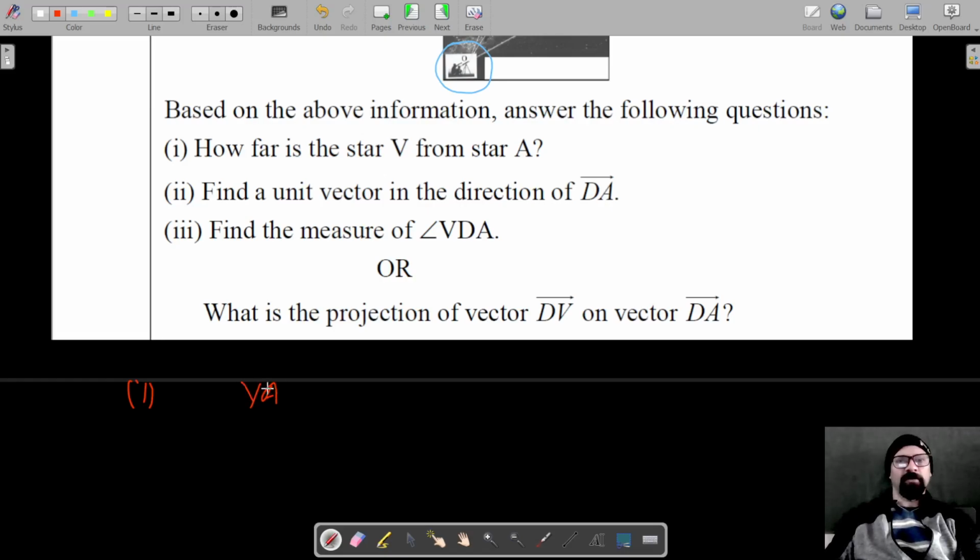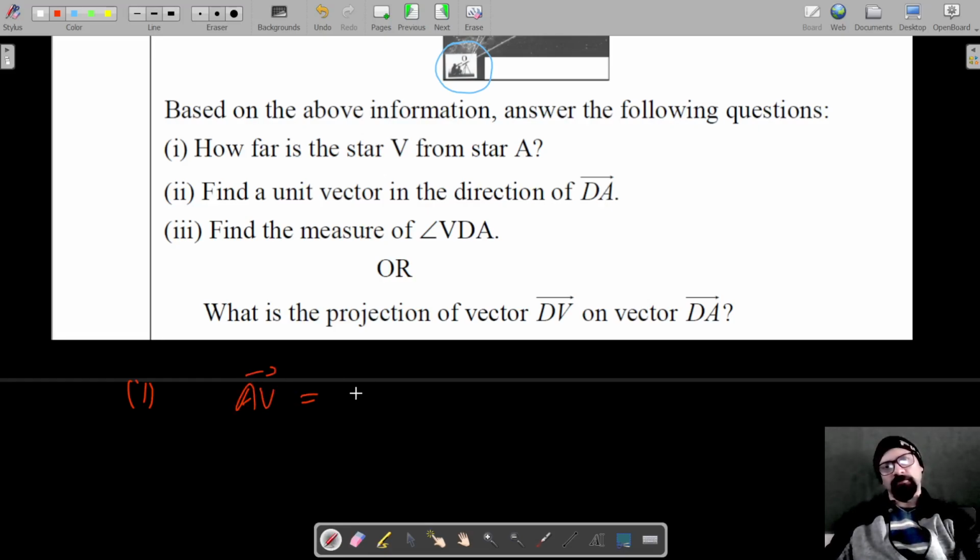For that, let's find out the vector VA. Let's write it down as AV.